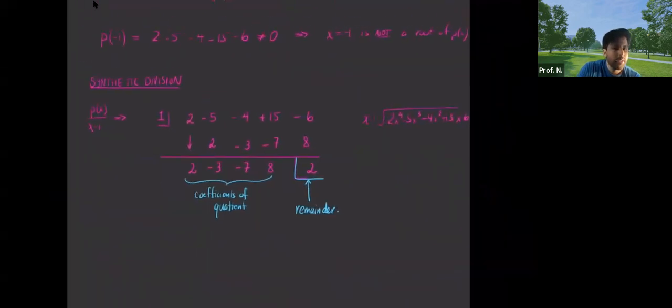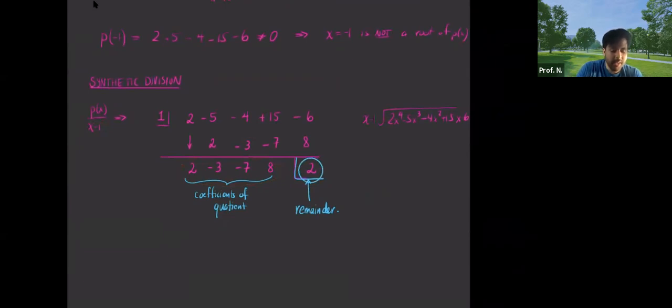If you notice, I divided the polynomial by x minus 1, where 1 is the associated root to this x minus 1 factor, correct? And when I performed synthetic division, I divided my polynomial by this polynomial, and I got this. But what I'm not interested in is the coefficients of the quotient. What I'm interested in is the remainder.